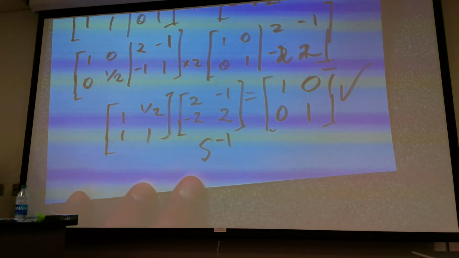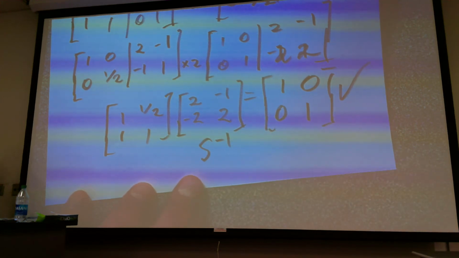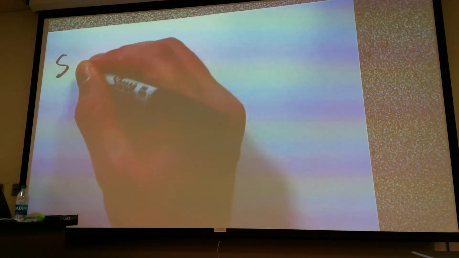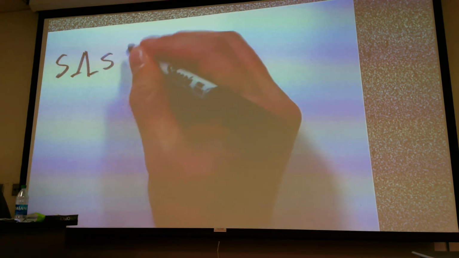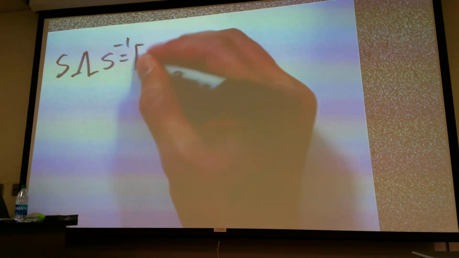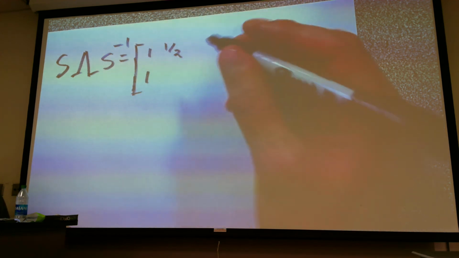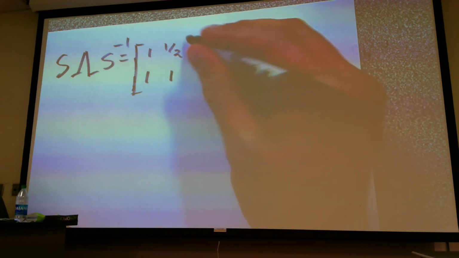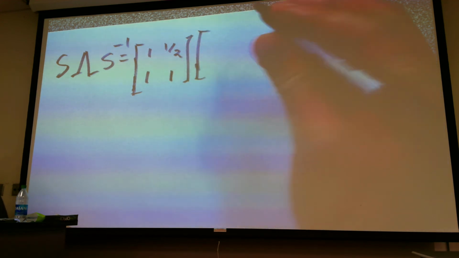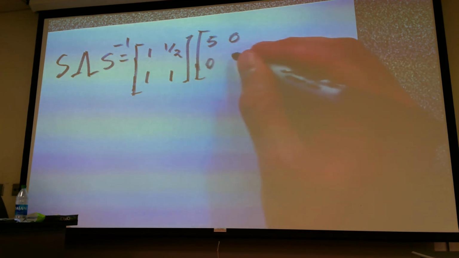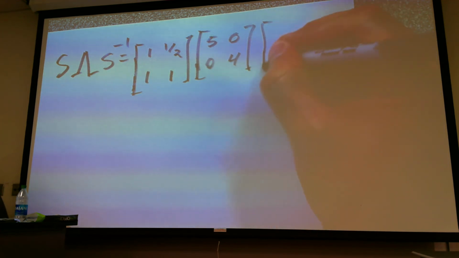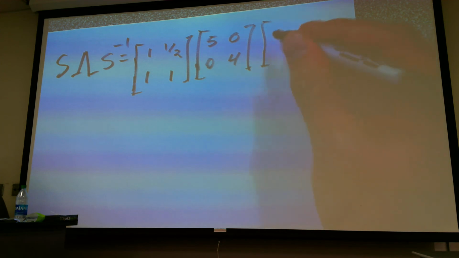As the last step, let's check our work and multiply S, the diagonal, and S inverse. So that's going to be 1, 1, 1/2, 1, and then 5, 0, 0, 4, acting upon 2, -1, -2, and 2.